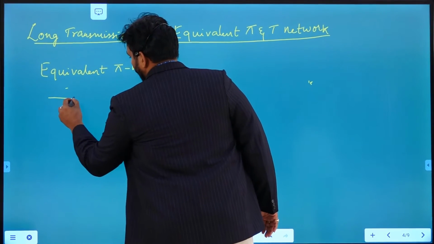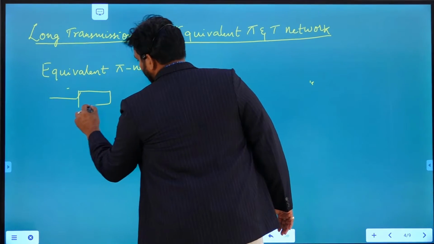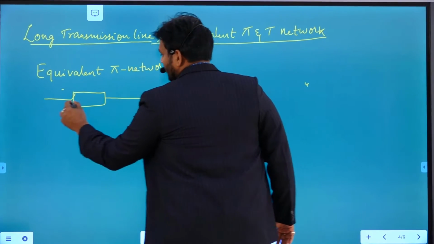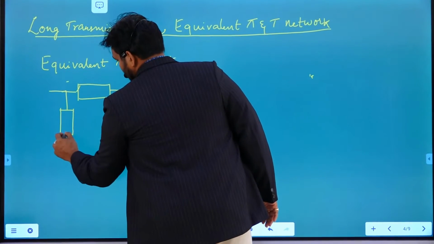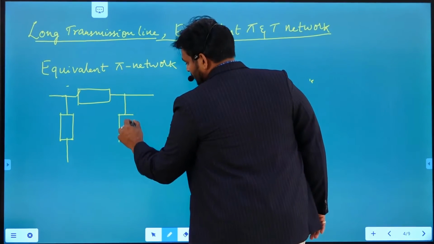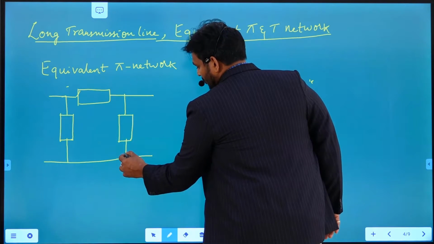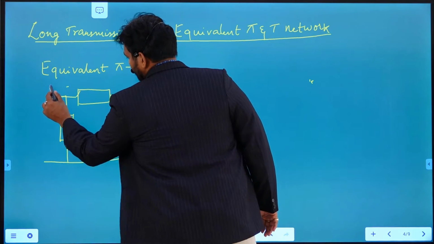So in the equivalent pi network, you have the total series impedance lumped at the center, and then the shunt admittance is divided into two halves at the sending end and the receiving end.